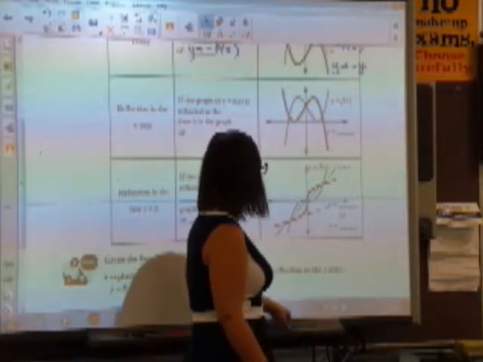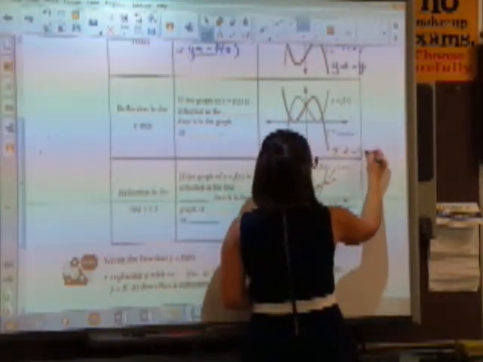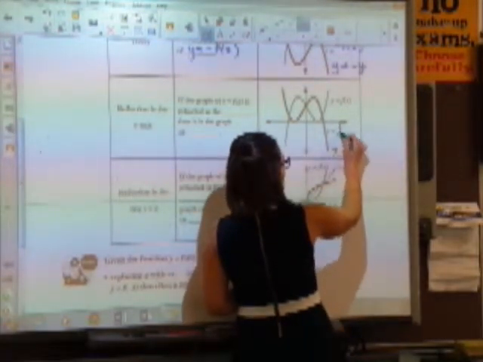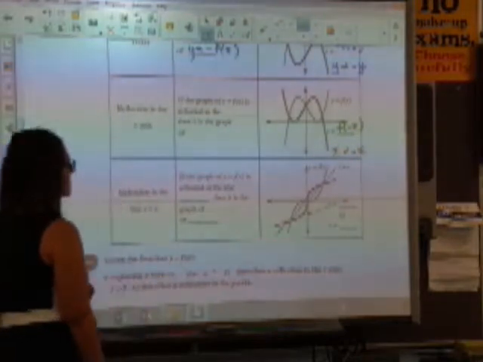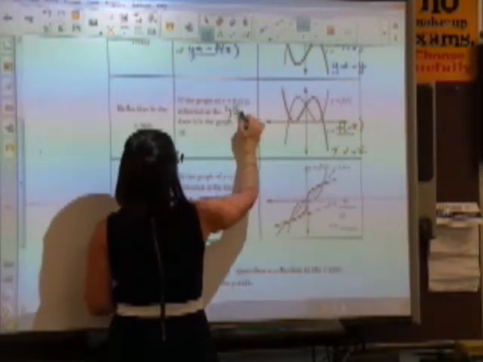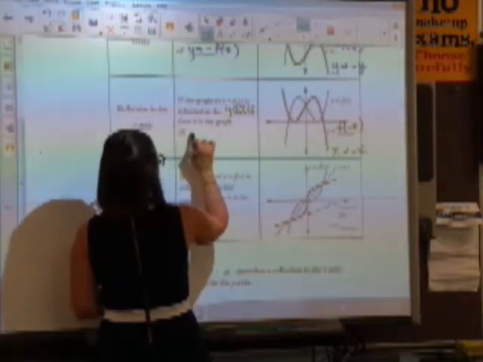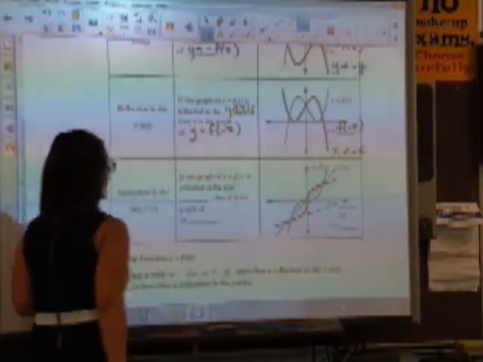The x coordinates. So it's a replacement of x with a negative x. So my equation becomes y equals f of negative x. So I have a reflection in the y-axis, and the graph becomes y equals f of negative x.